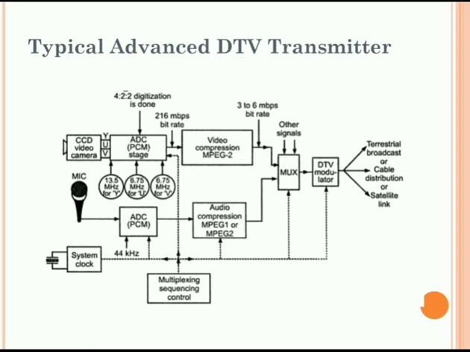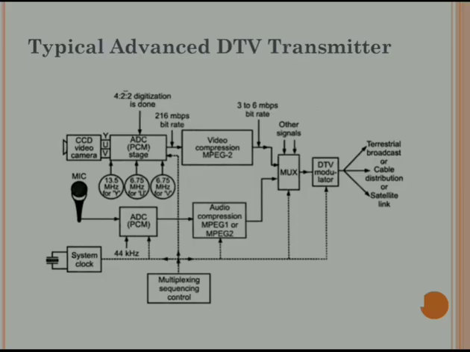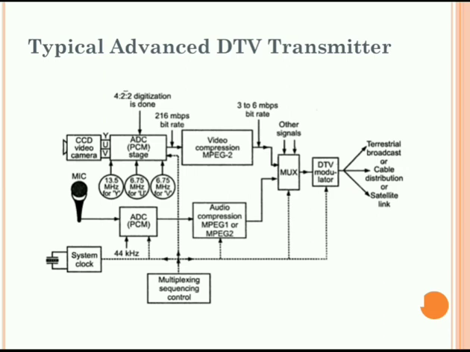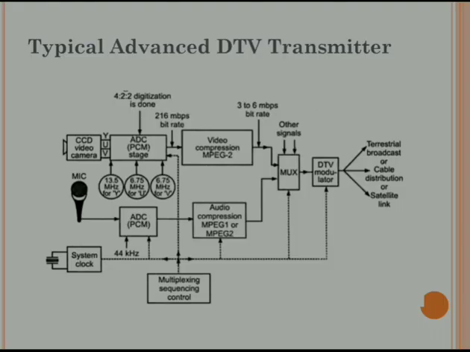These analog Y, U and V signals are given to the analog to digital converter, where Y is sampled with 13.5 MHz, and U and V signals are sampled with 6.75 MHz.